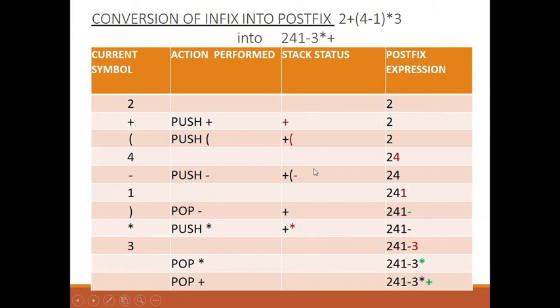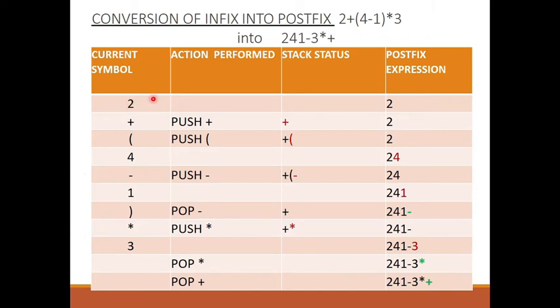Now the next thing that we have to push, actually this current symbol came from this one. So you have here 2 plus open parenthesis 4. I hope you would notice it. So this one downward.